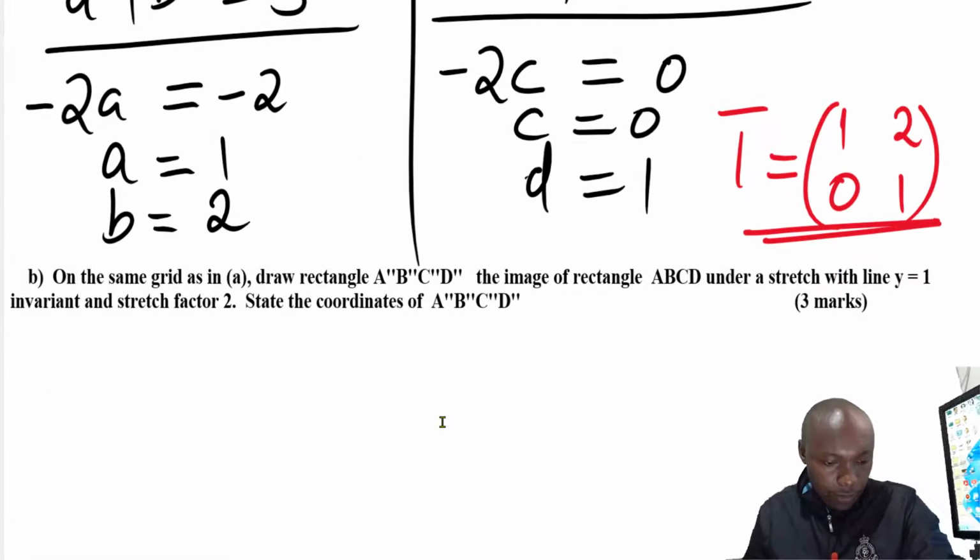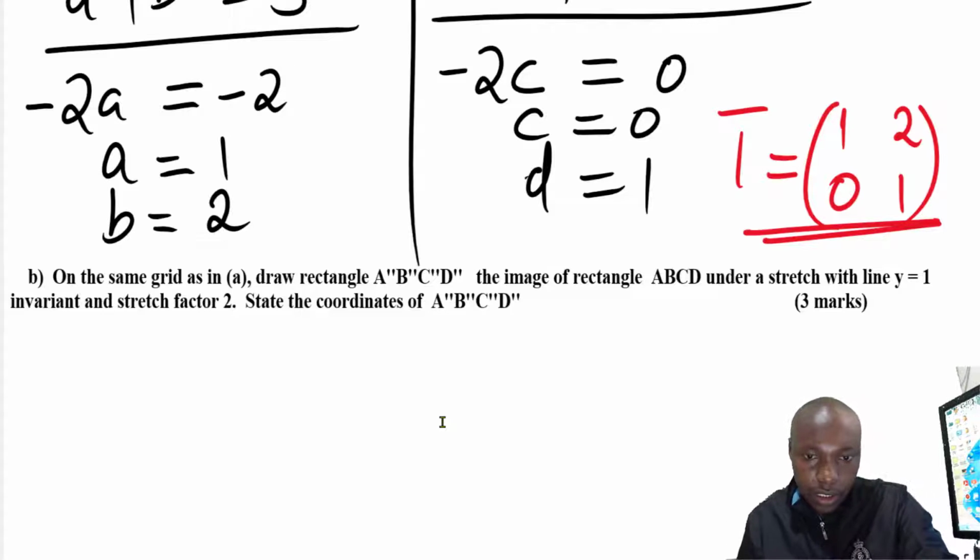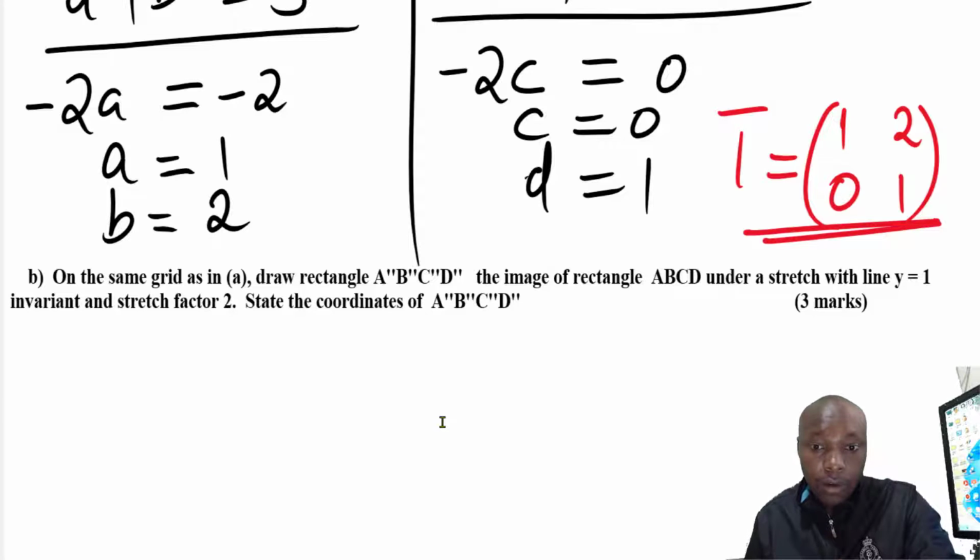Now let's go to that part of the question. On the same grid as in A, draw rectangle A double prime, B double prime, C double prime, the image of rectangle ABCD under a stretch with the line y is equal to 1 invariant and stretch factor of 2. State the coordinates of this image.